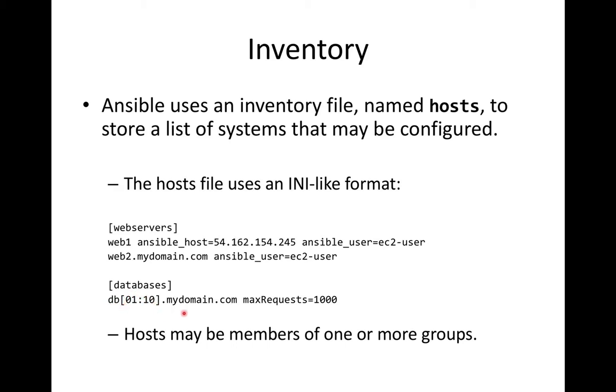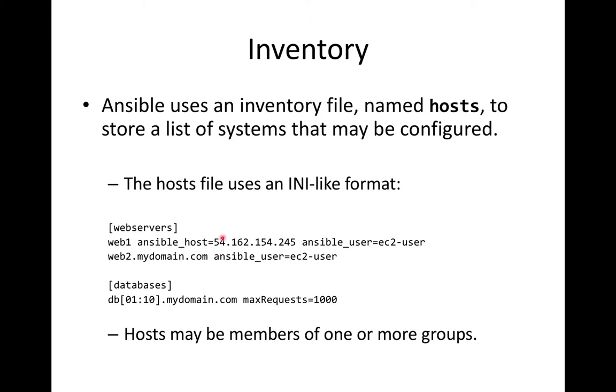So think of this as being like a list of 10 database server instances. This is a shortcut way of describing the set of 10 database server instances. And they're all located at mydomain.com. And this is a variable that's being set up that will be passed by Ansible into a playbook when managing the configuration of these servers.